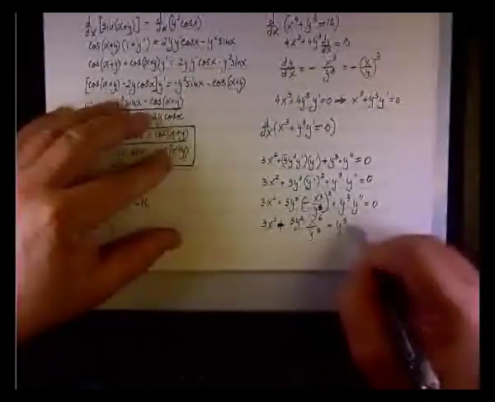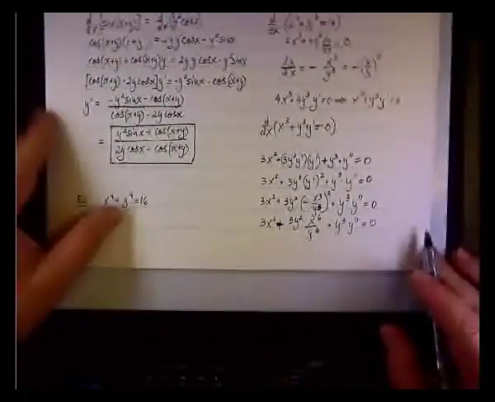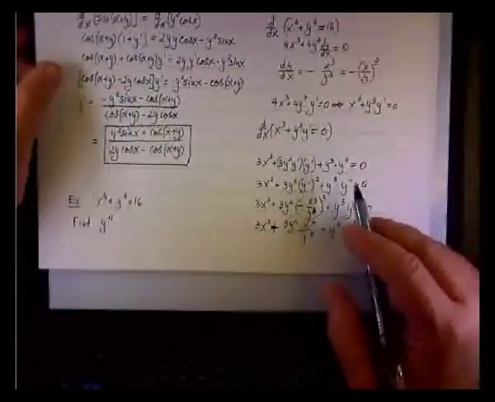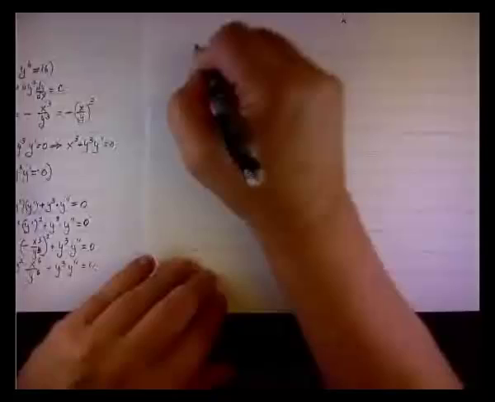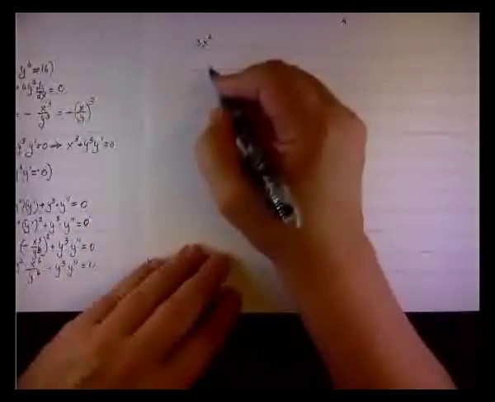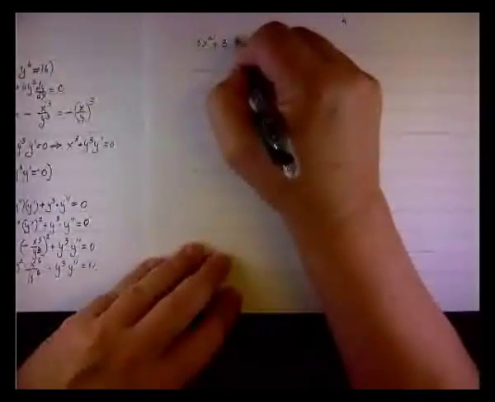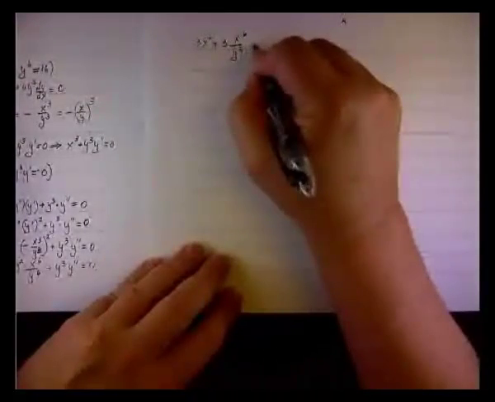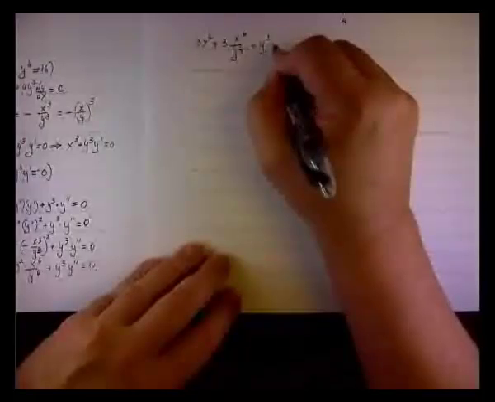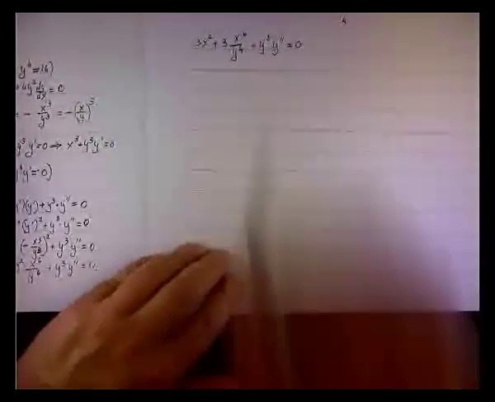Plus y cubed times y double prime equals 0. We have a little bit of simplification here. At this point we have 3x squared plus 3x to the 6 over y to the 4th, plus y cubed times y double prime equals 0.